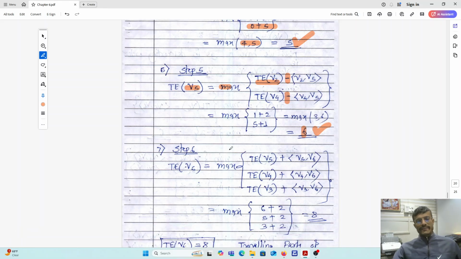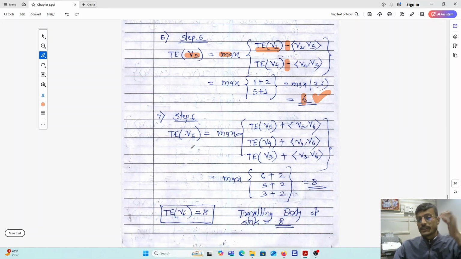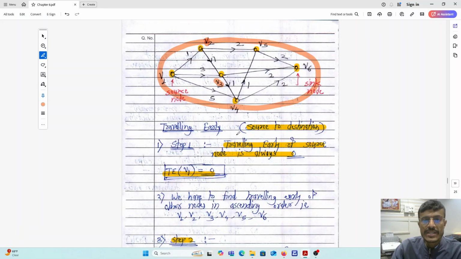And finally step number 6, that is the traveling early value of V6. Traveling early value of V6 is equals to maximum of, for the V6 we can reach from V3 to V6, we can reach from V4 to V6, we can reach from V5 to V6.